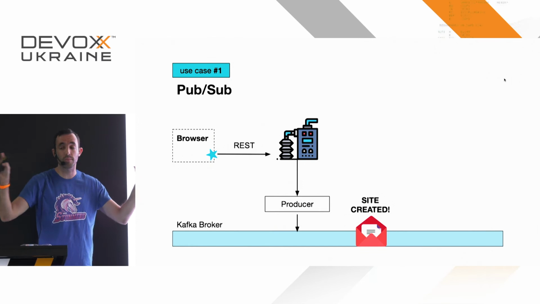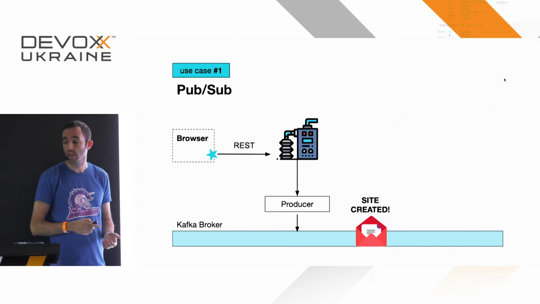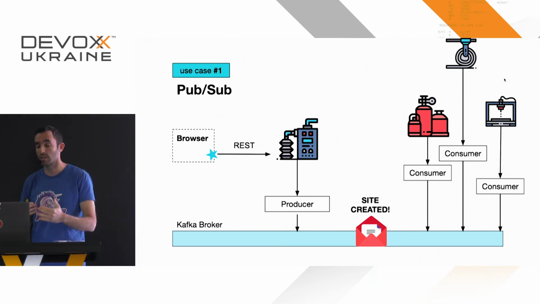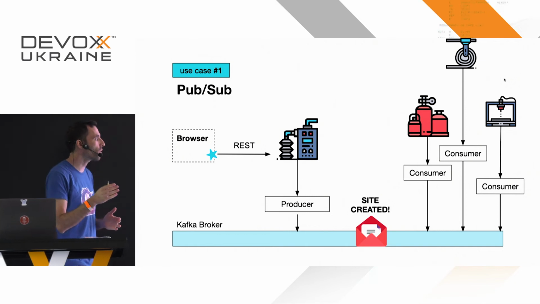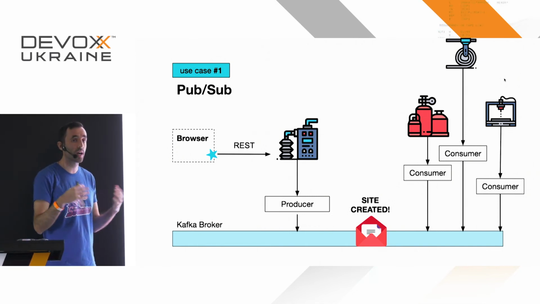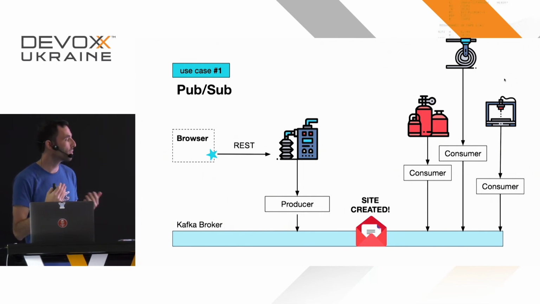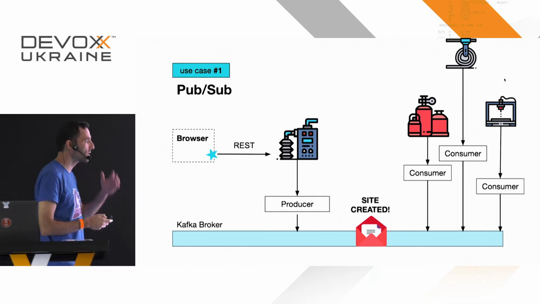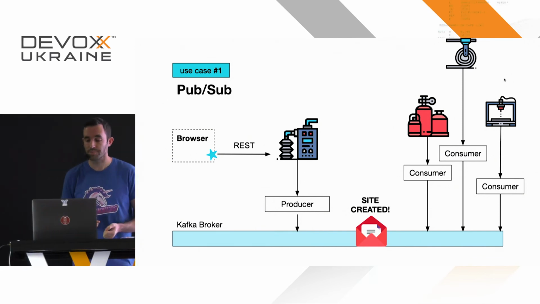So you just want to publish to the world that, for instance, in Wix, a site was created, and then you'll have a lot of consumers that need to do a lot of stuff in their own time, in their own way. And so you decouple it, and you get better throughput and better scalability, of course. So that's the classic key advantage of PubSub.